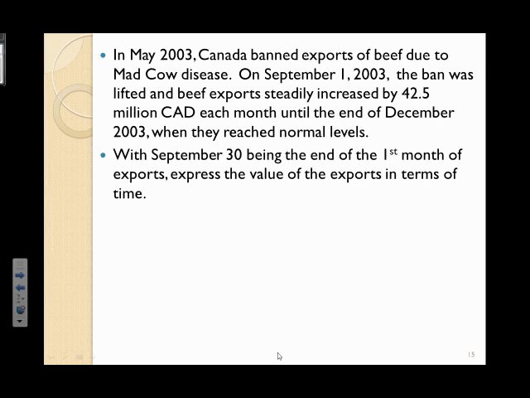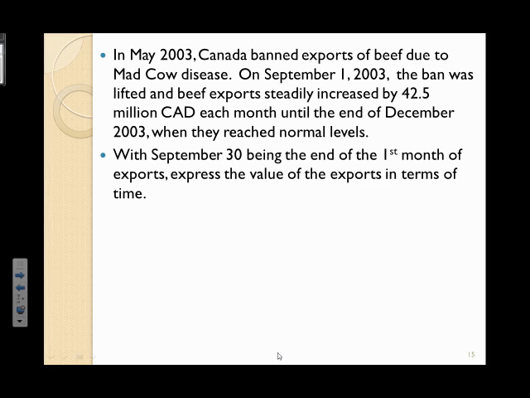Well, it sounds a little bit scary at first, but what I'm trying to do here is use the information that I have and put it into a mathematical formula. So we want to find the value of the exports in terms of time for the first month. What were the exports at the end of the first month?